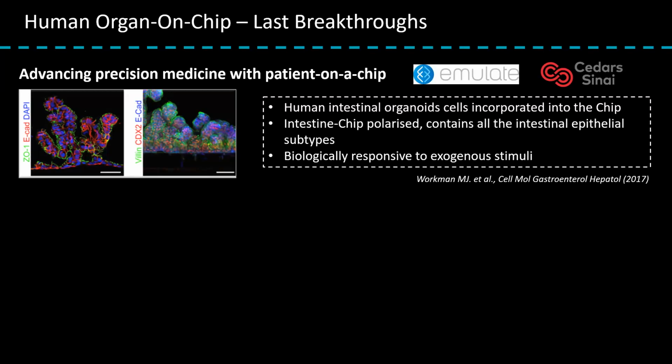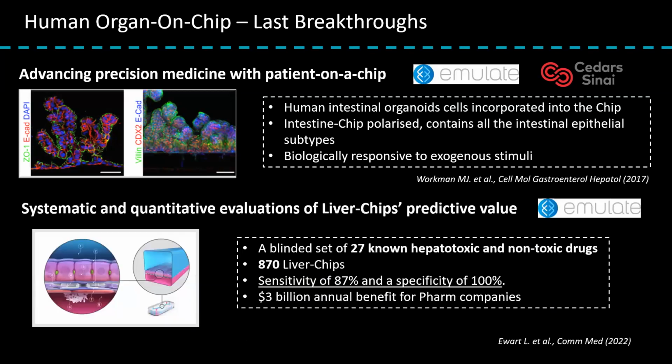It recapitulates as well the different cell types of the intestine and the functionality of the intestine. So, for example, they were able to observe the responsiveness to certain stimuli, which is really striking and promising for future research in gut diseases.